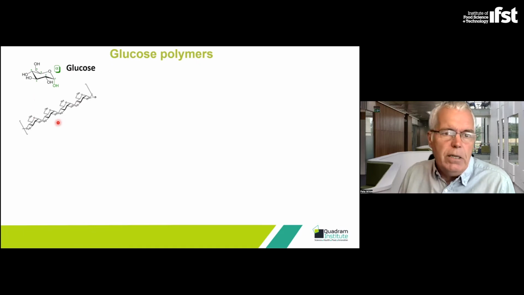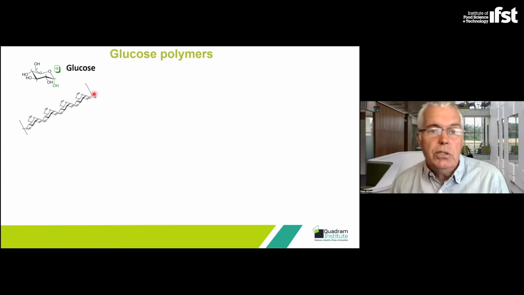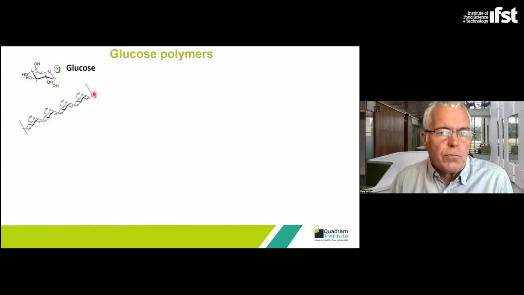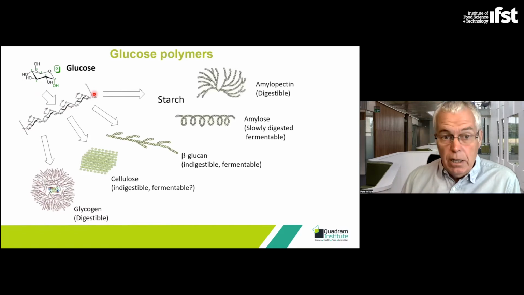It's mainly consumed in the form of a polymer of glucose, which are then broken down and digested in the gut. And this can take shape of a range of molecules, but this is just to demonstrate that these are all glucose polymers, but their molecular form actually influences their nutritional impact.